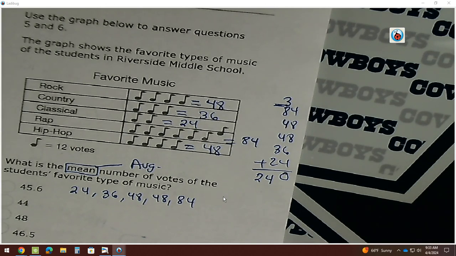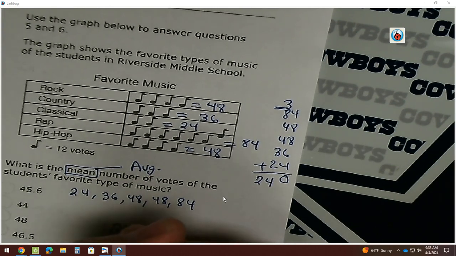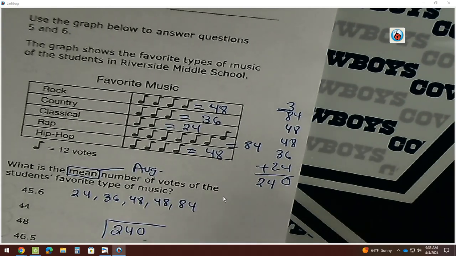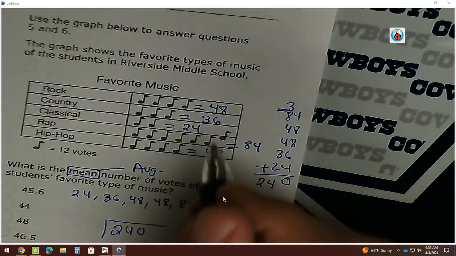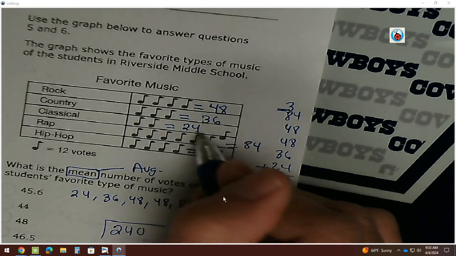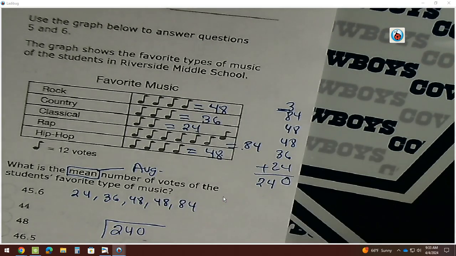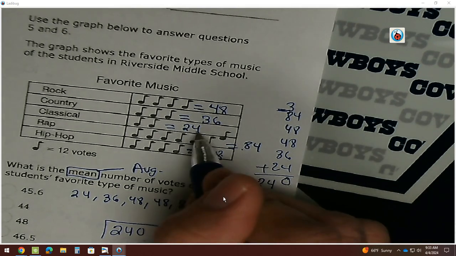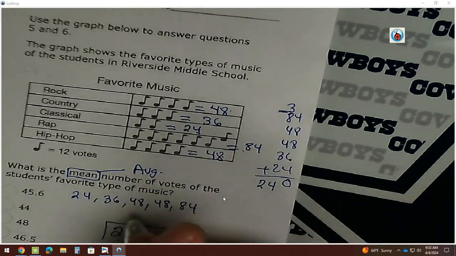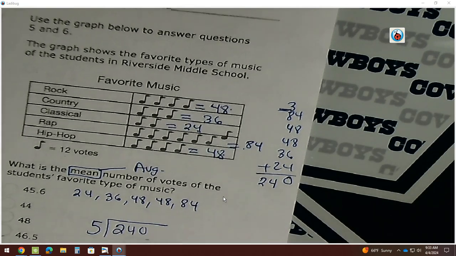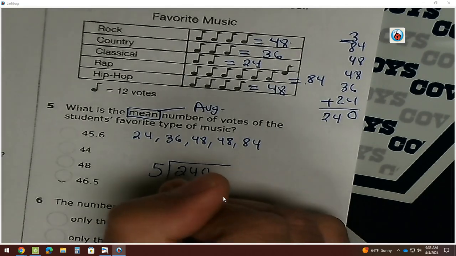No. We said to add and divide by the quantity. So 240 divided by the quantity, we need to check how much quantity we had. 1, 2, 3, 4, 5. Divided by 5. That's 60.